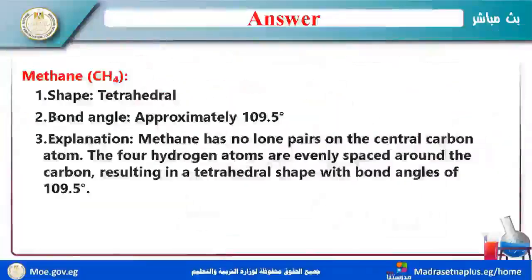Methane: tetrahedral shape, bond angle approximately 109.5. Explanation: methane has no lone pairs on the central carbon atom. The 4 hydrogen atoms are evenly spaced around the carbon, resulting in a tetrahedral shape.